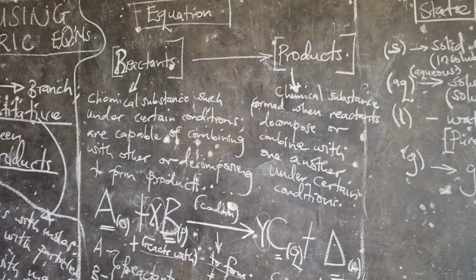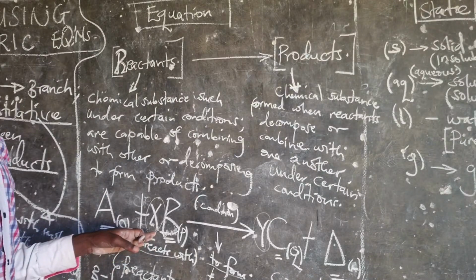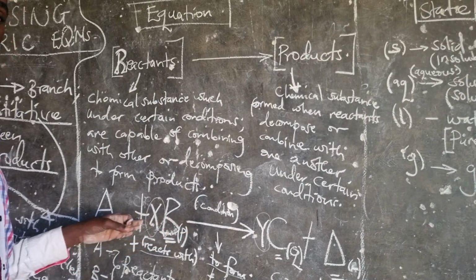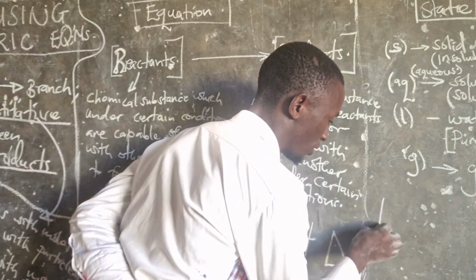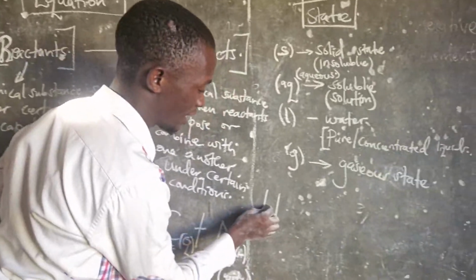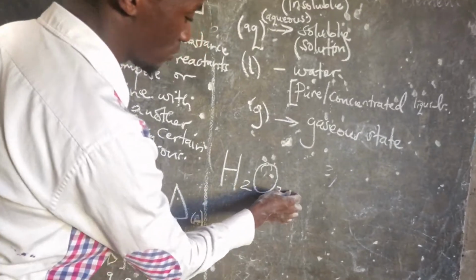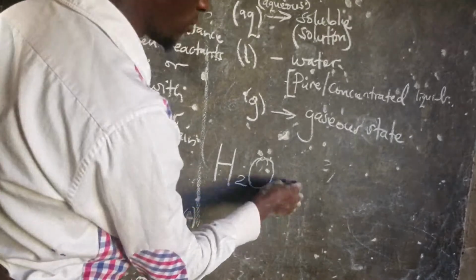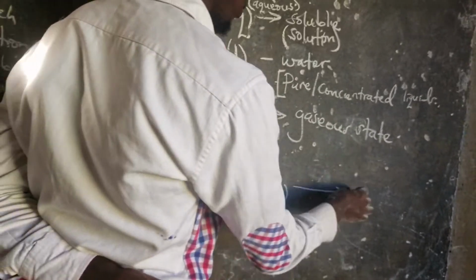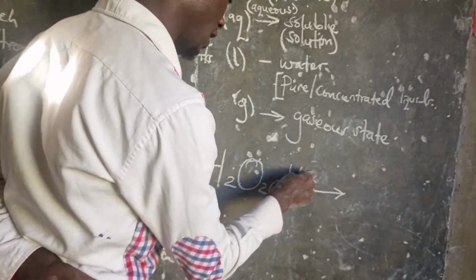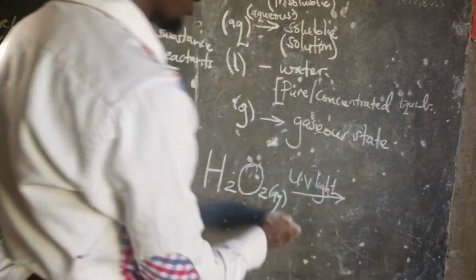I want us to bring in stoichiometry before we go any further. But we must know this information. So if we happen to write an equation for, let's say, this one, let's take it that you're going to write for me the equation in words.